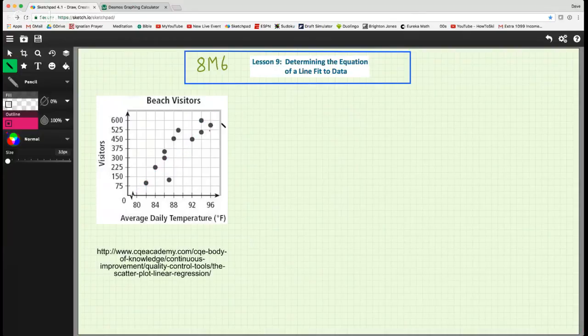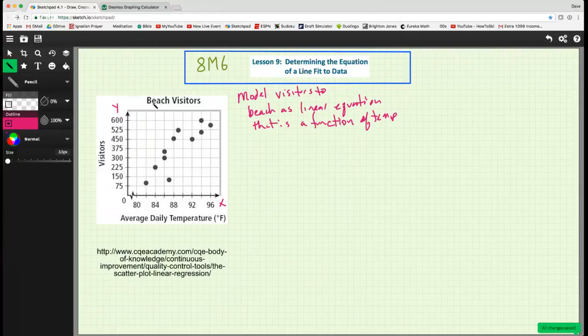So we want to model the visitors to the beach as a linear equation that is a function of temp. Our temperature is on our x-axis and our beach visitors is on our y-axis. Of course, as it gets hotter, we're going to get more people at the beach. Hot days, we like to go to the water. We like to go to the beach and visit the water.